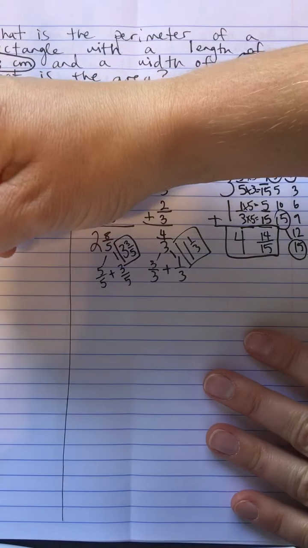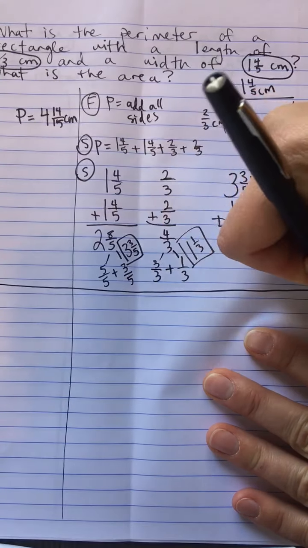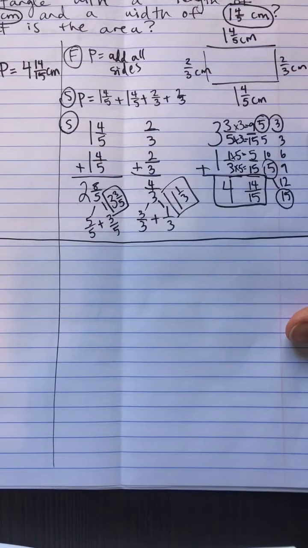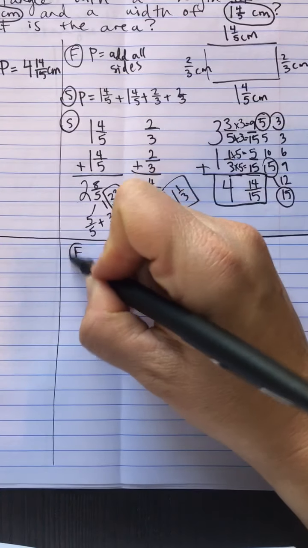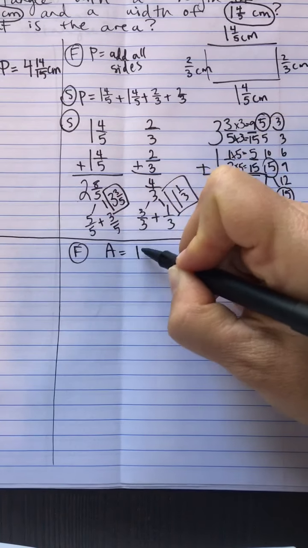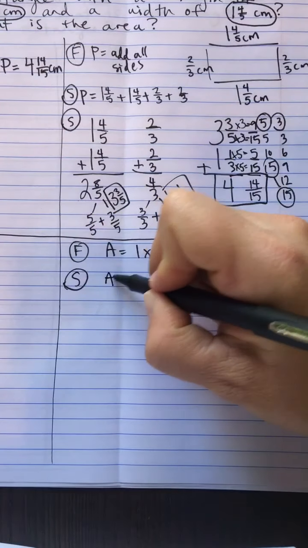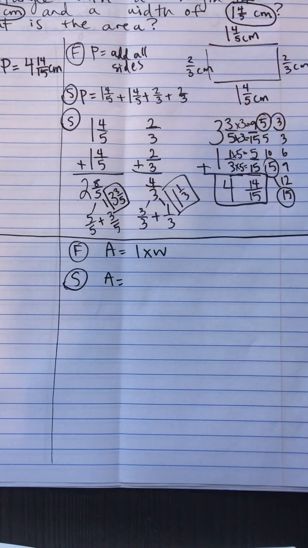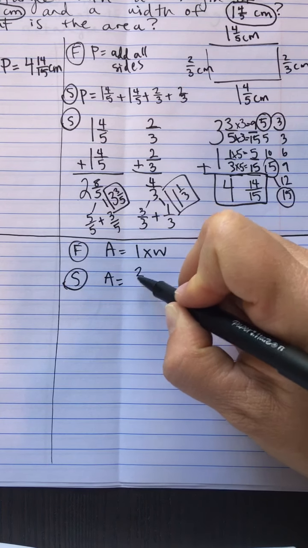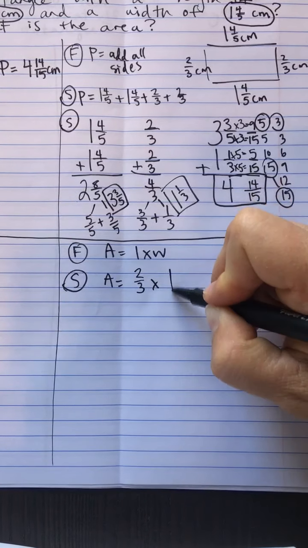Then I still need to find the area, so I'll draw a line underneath. And my formula for area is area equals length times width. For my substitute, I'll just look up here. My length was 2/3, my width was 1 4/5. So I'll be doing 2/3 times 1 4/5.